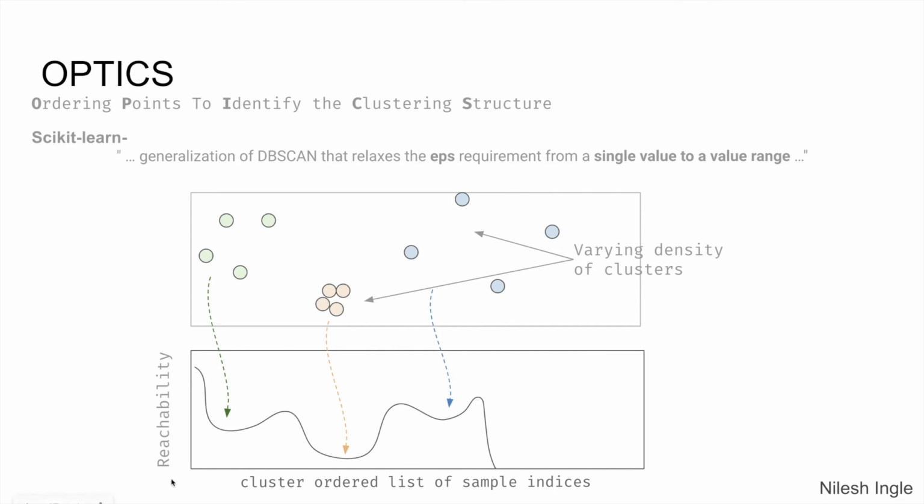If we plot reachability versus the cluster order, then we can see these valleys and peaks. The deeper the valley, the smaller the reachability values.